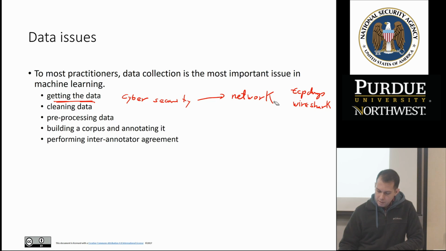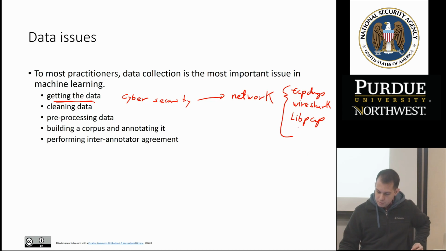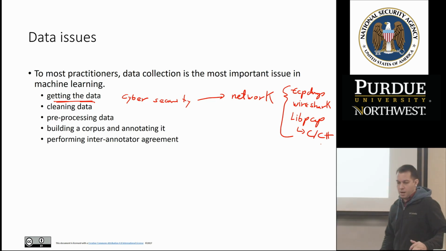We also have just our own code, right, that we can write to extract data. So there's libpcap, right, and this is available in the C programming language, so C, C++. And this allows us to create just a general sniffer. It's a library. So getting the data for our purposes, it's mainly in this fashion.